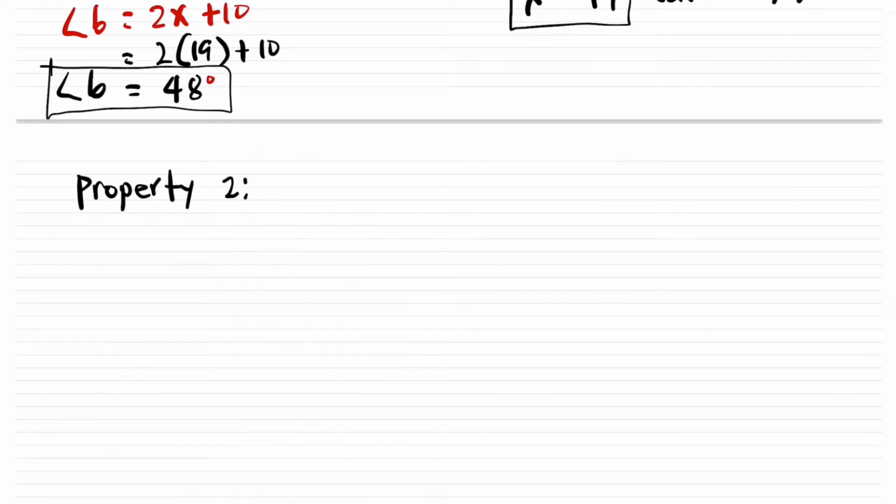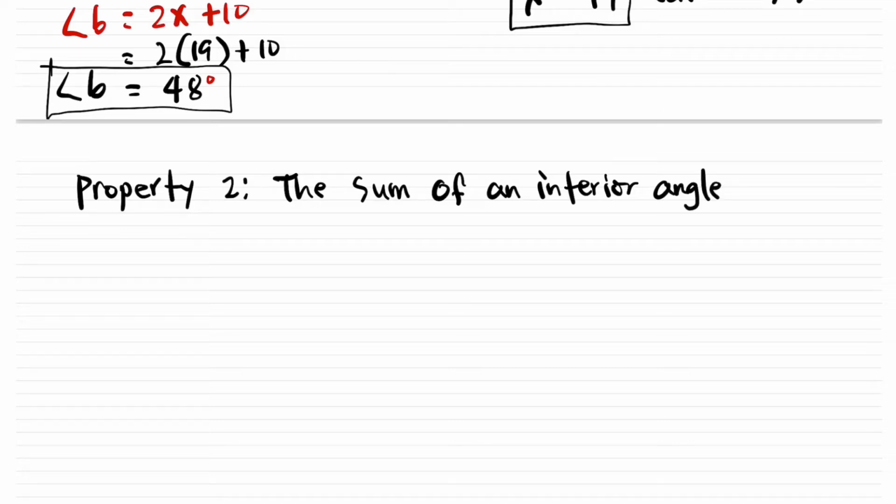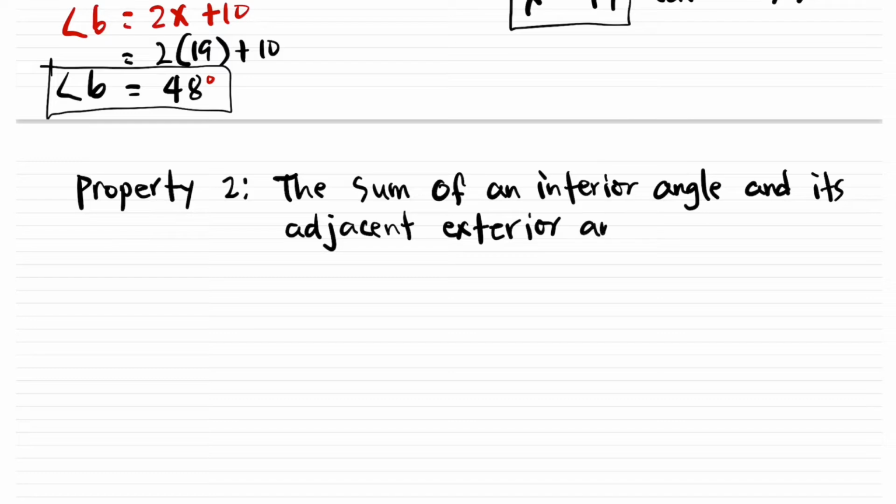Alright, property 2 says the sum of an interior angle and its adjacent exterior angle is 180 degrees.